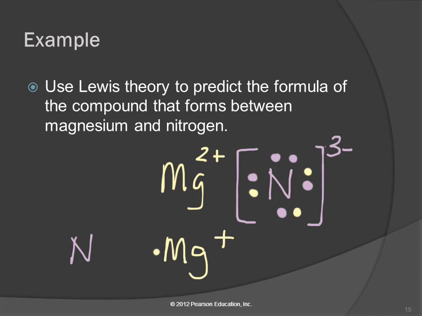So here's another nitrogen atom. 1, 2, 3, 4, 5. So we'll take this electron and give it to the nitrogen.